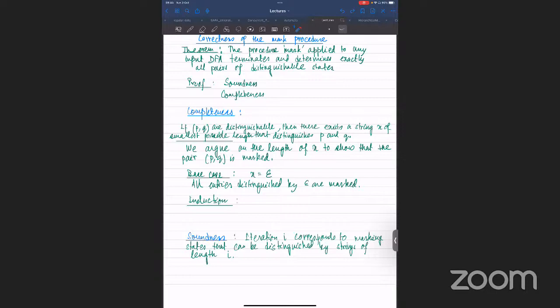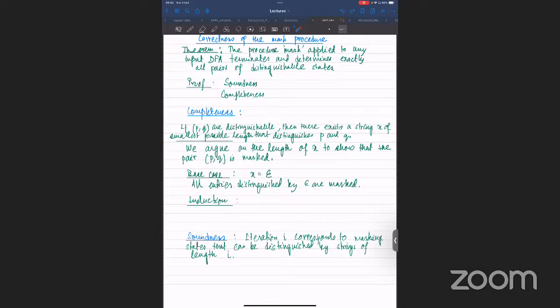If there exists a pair of states which are distinguishable, then there exists a string of minimal length which distinguishes them, and we are proving the completeness by induction on the length of the string. So you consider pairs of states which can be distinguished by epsilon, right?